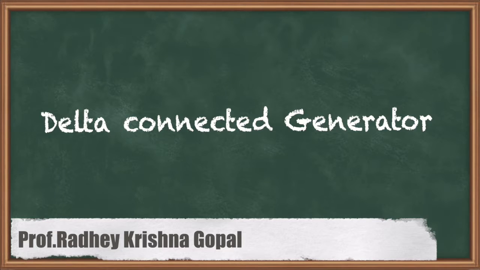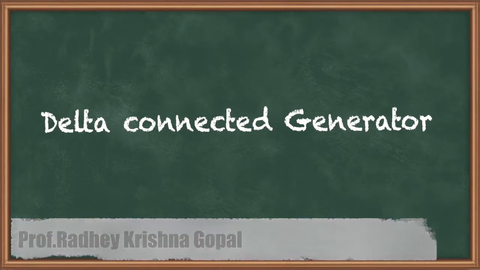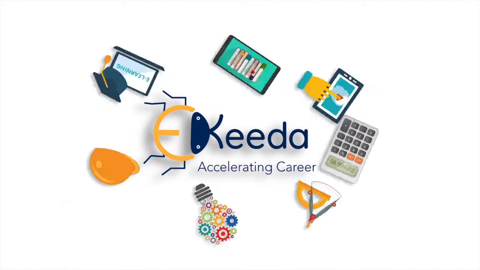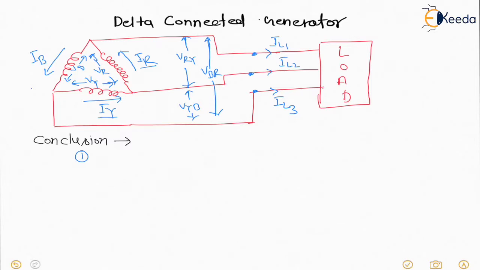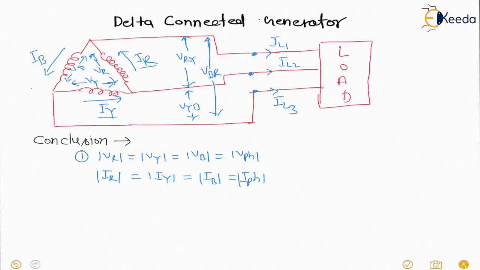So now what we can conclude from the above diagram is, if our delta connected generator is balanced, then the mod of VR will be equal to mod of VY, equal to mod of VB, that will be equal to V phase, and mod of IR will be equal to mod of IY, equal to mod of IB, equal to IPH.